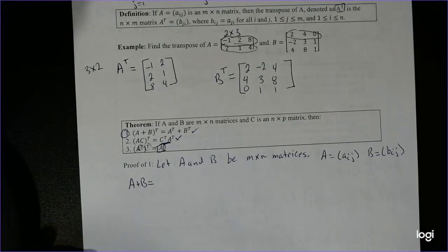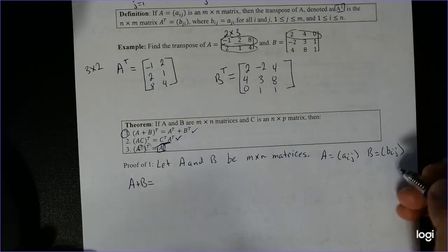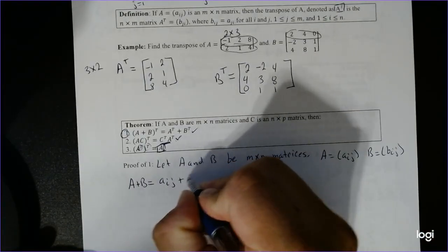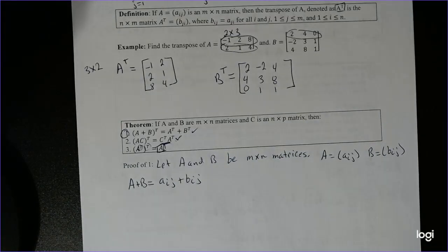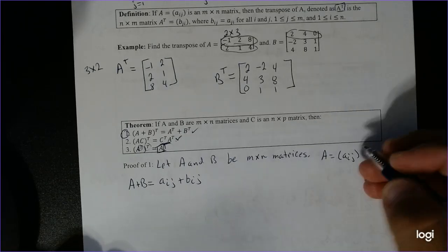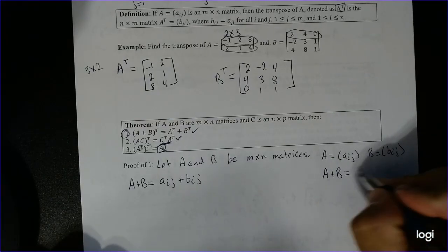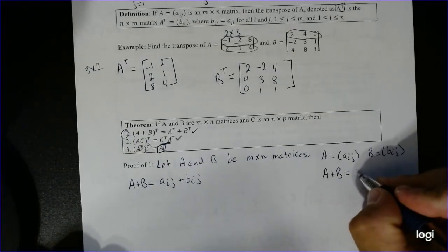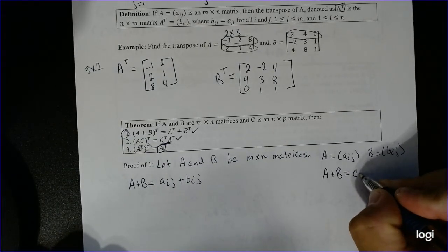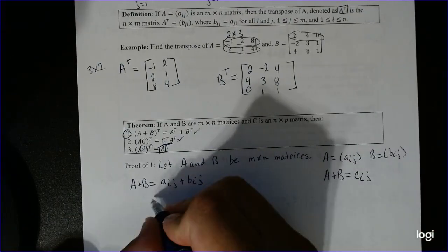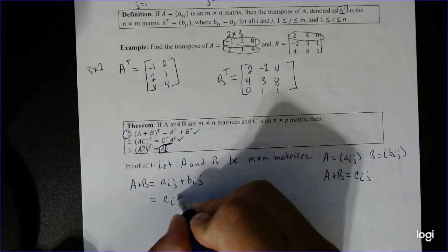A plus B is going to be Aij plus Bij. Now, unlike the other ones, I'm going to define one extra thing. I'm going to say the sum of A and B for each individual entry is an arbitrary number, so I'm going to call that Cij. So this is now Cij, one single number, which makes sense, right?